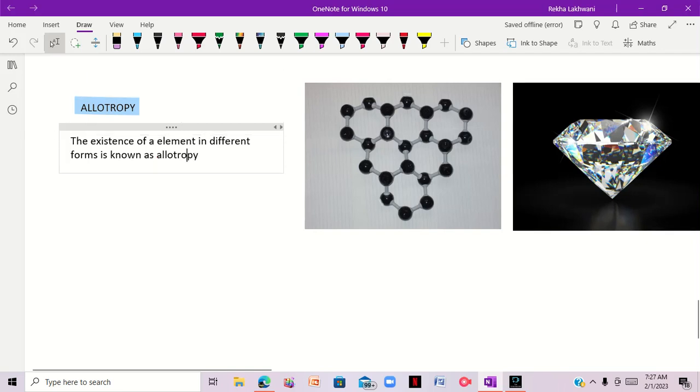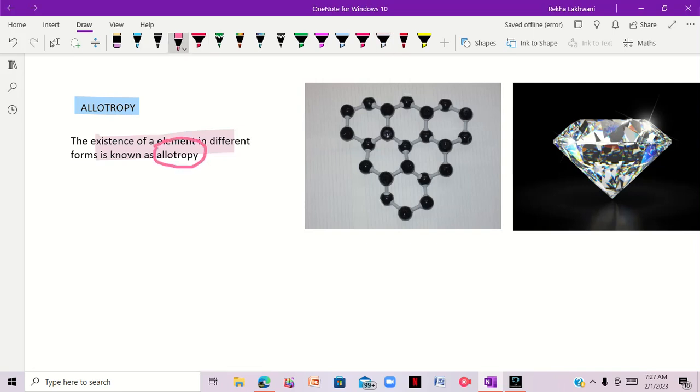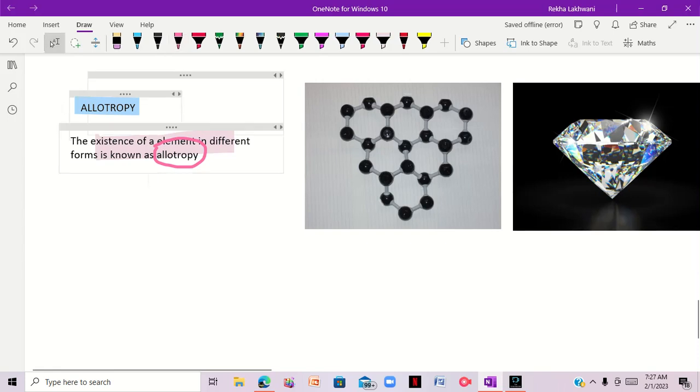So the existence of an element in different forms is basically known as allotropy. Or you can say there are allotropic forms.